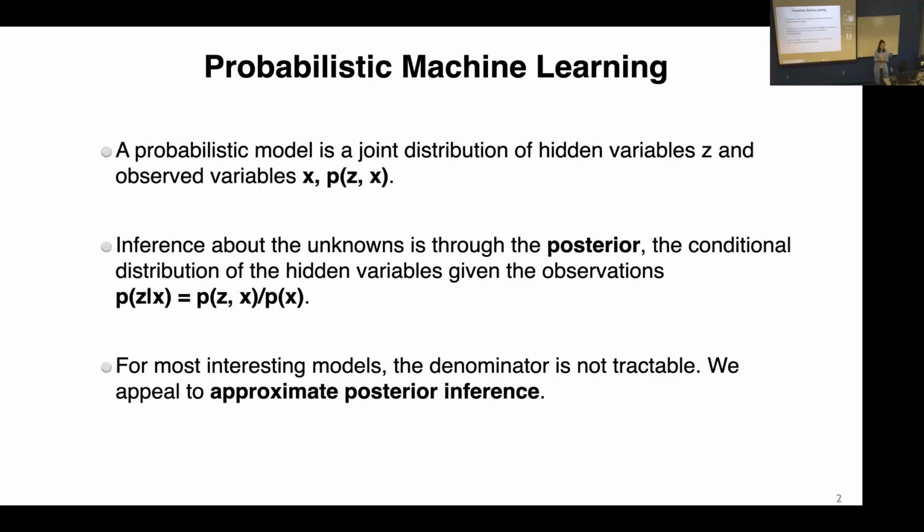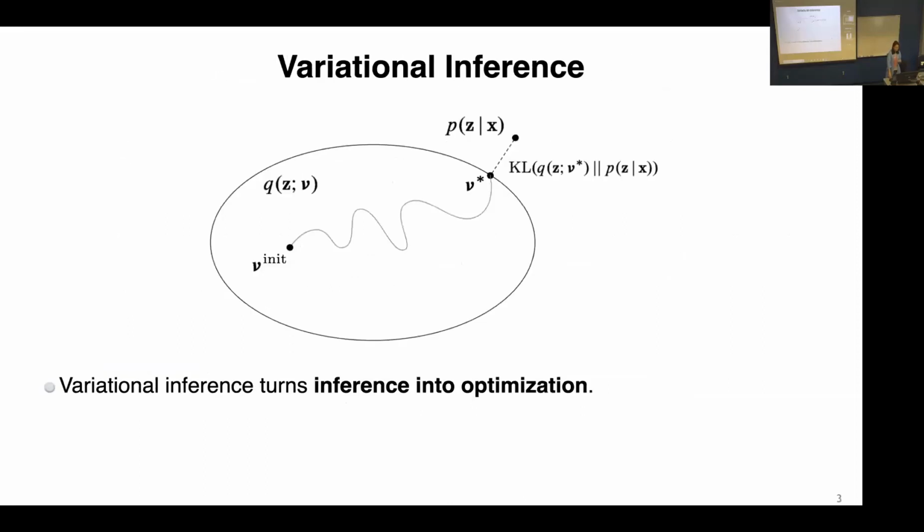It's not tractable, in which case we cannot get the exact posterior. And so people appeal to approximate posterior inference, which tries to learn the posterior P(Z|X) in an approximate way. That's what variational inference can help with.